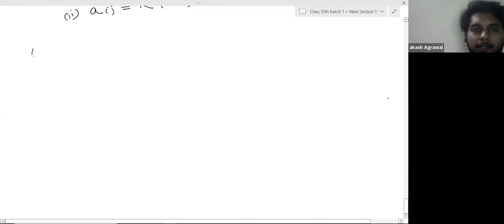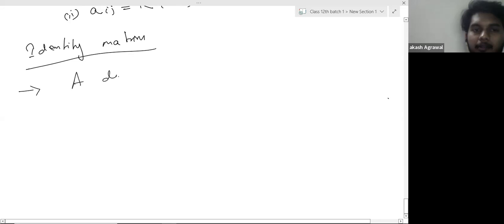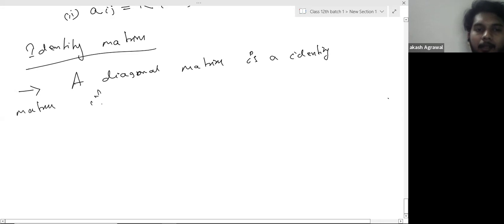Next one is identity matrix. This is also very important. A diagonal matrix is an identity matrix if all the diagonal elements are 1.